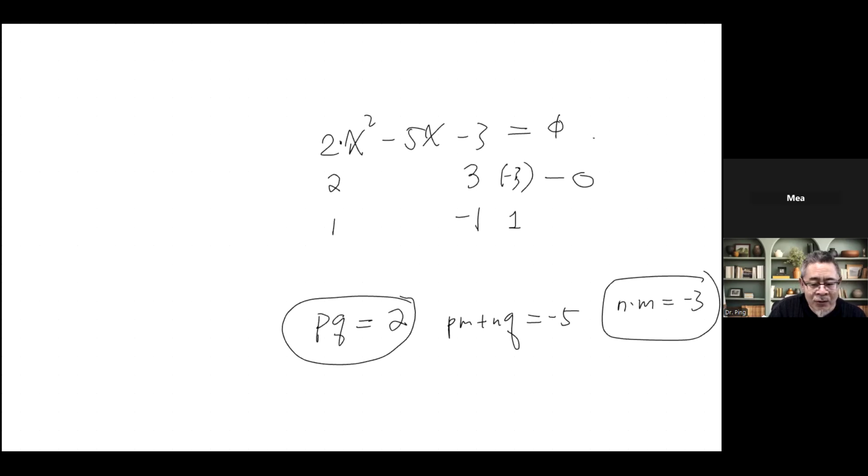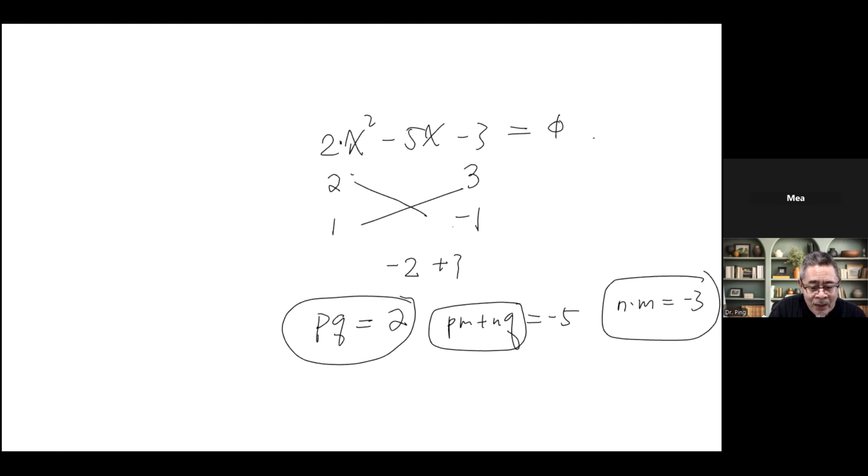Okay, let's try the first one. This times that is -2, and this times that is 3, which is what we got here: p times m and n times q.